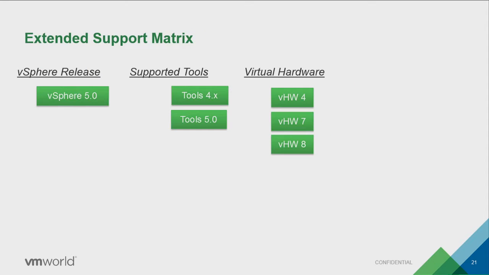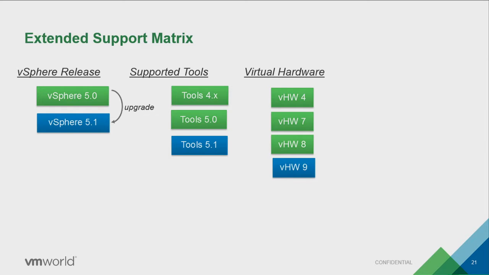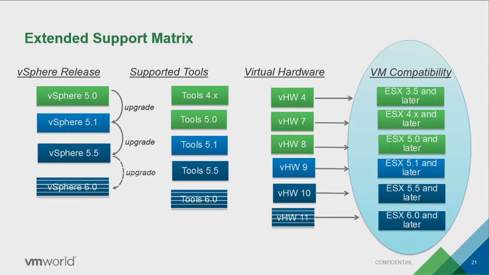Let's talk a little bit about the support matrix. At VMware, we take supporting an operating system instance very seriously, and we spend a lot of effort to make sure our support matrix goes a long way back. As you can see, we have not dropped support for VMware Tools for a long, long time, from 4.0. That means tools from vSphere 4 can run on the latest ESX 6.